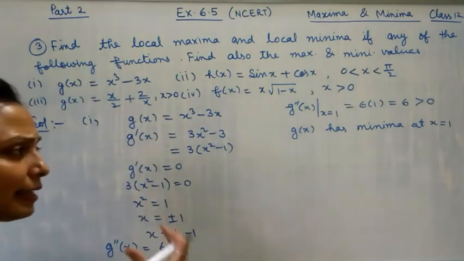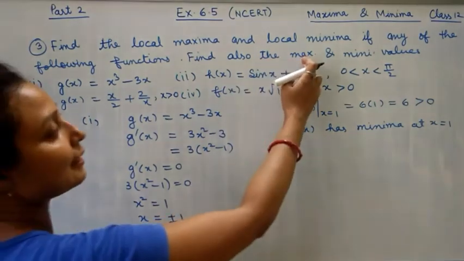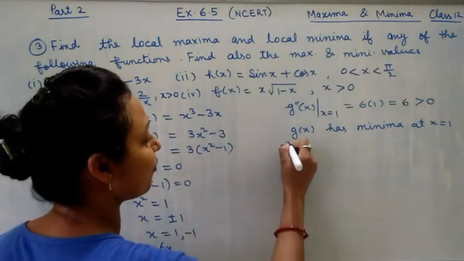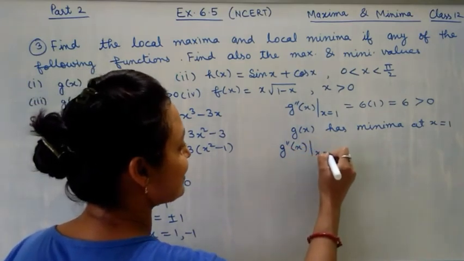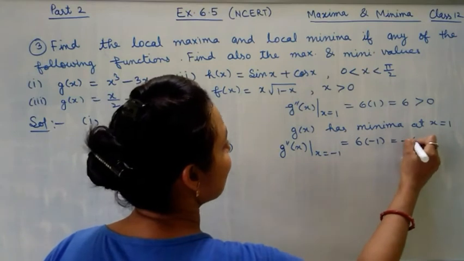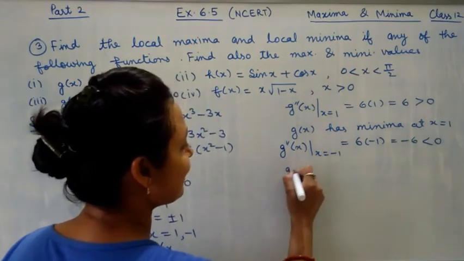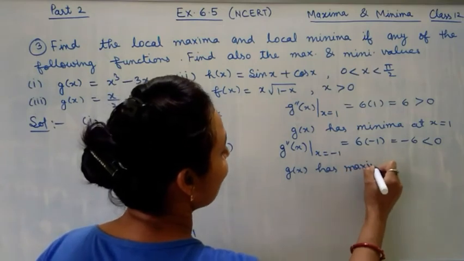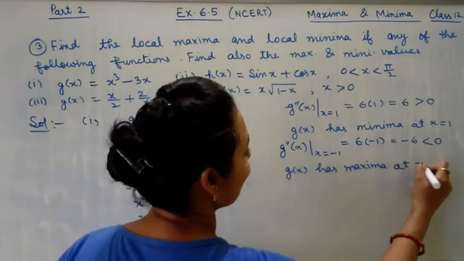First I will find these, then at last the maximum and minimum values. And we will check at the second point, x = -1. When you put it, it equals -6, less than 0. g(x) has a maxima at x = -1.